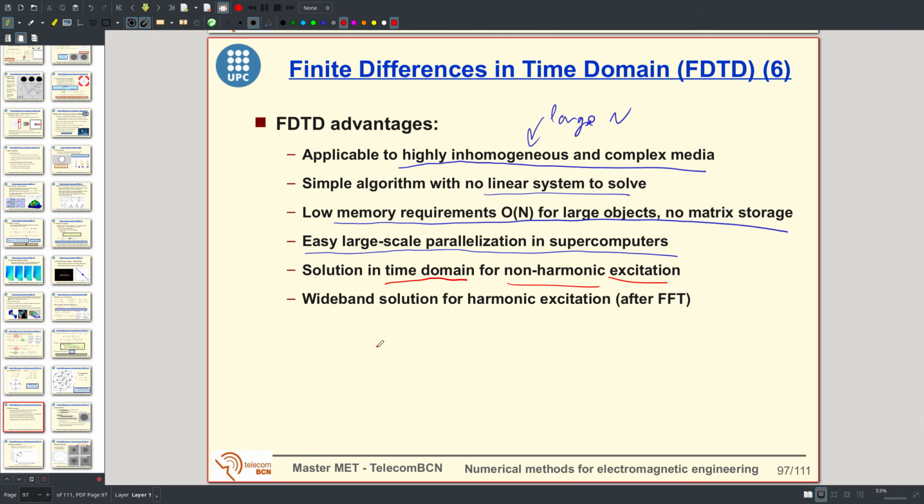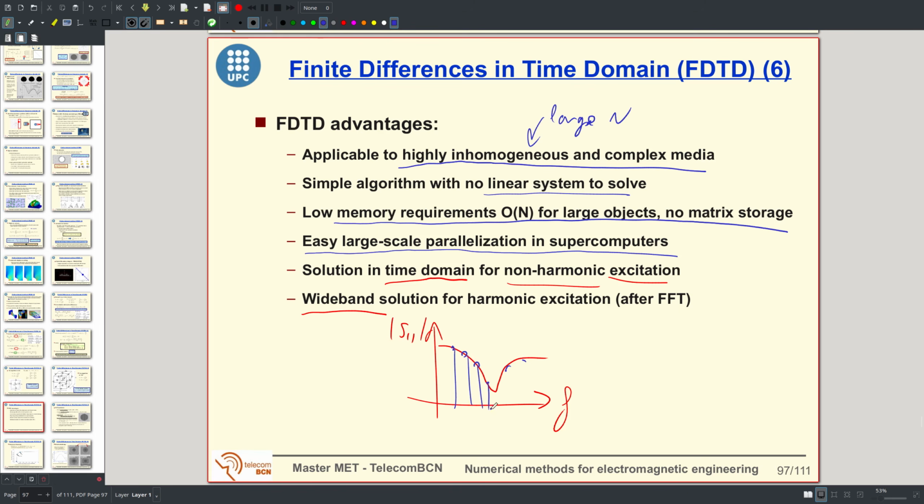But also, if your excitation is harmonic, but you want a wideband solution, remember the example that I said before about computing the input reflection coefficient in a frequency band, and you want a lot of frequency samples.